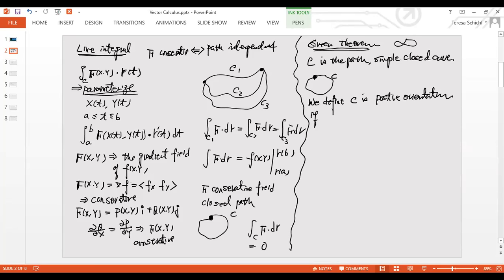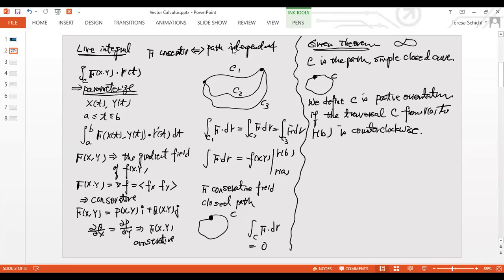That means the traversal of C from r(a) to r(b) is counterclockwise. Of course, C has a negative orientation if we travel clockwise.